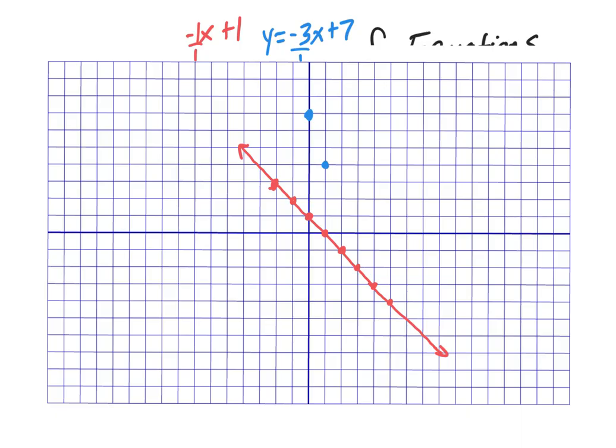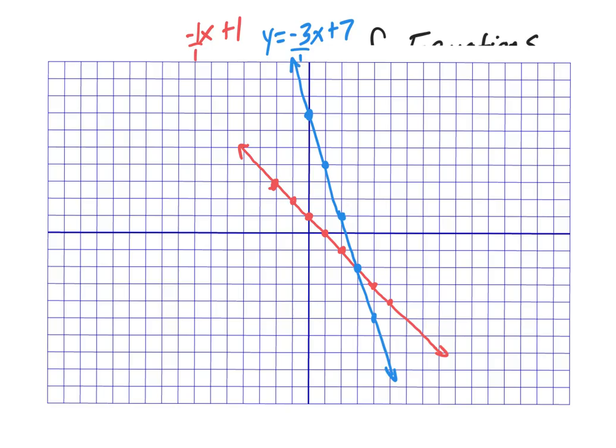Down 3, right 1. Okay, and I want to do multiple points until I can kind of figure out where these are going to cross. So I'm going to go down 1, 2, 3. And now we can kind of see where that line's at. And there's our two graphs.